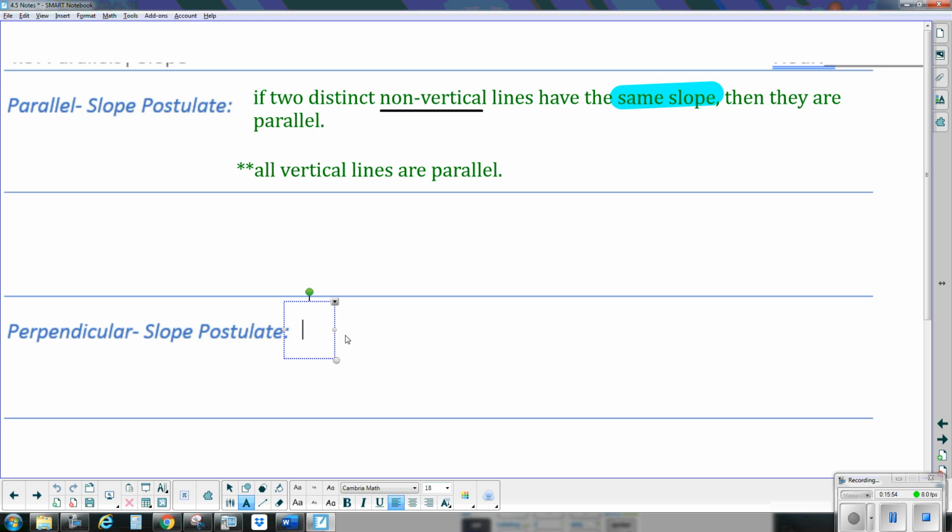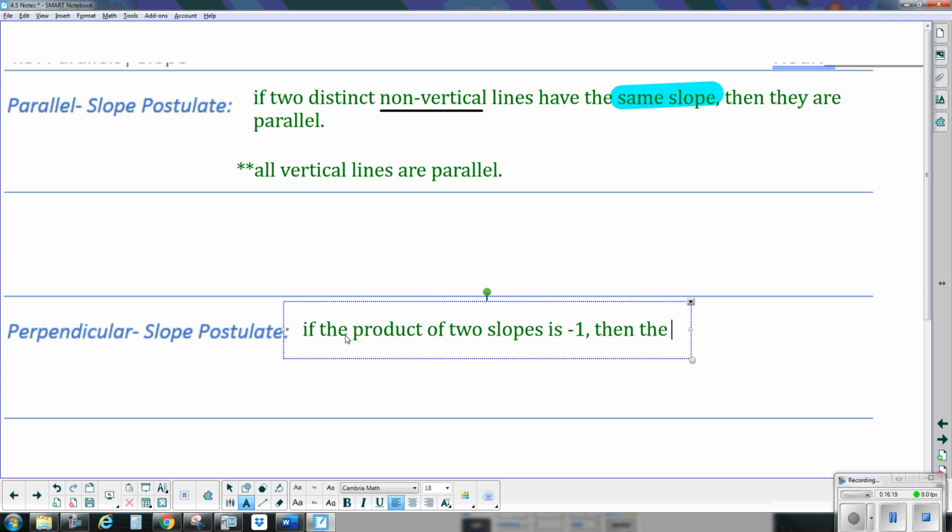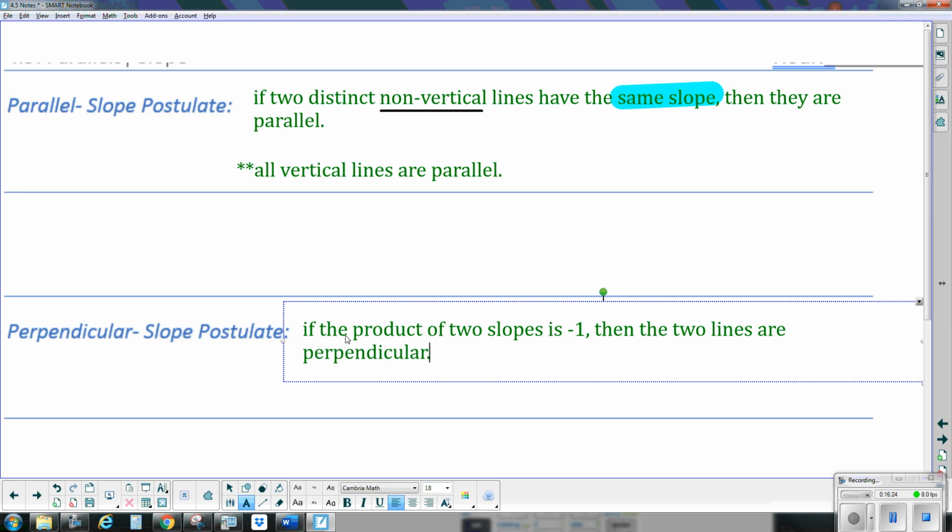Our second postulate is the perpendicular slope postulate, and this says that two non-vertical lines are perpendicular if and only if the product of their slopes is -1. You may have learned this just using a couple different words.